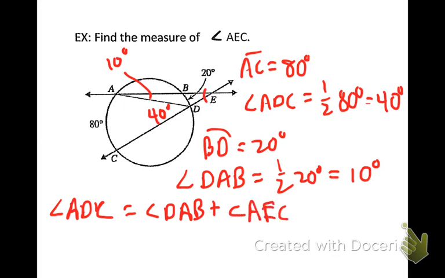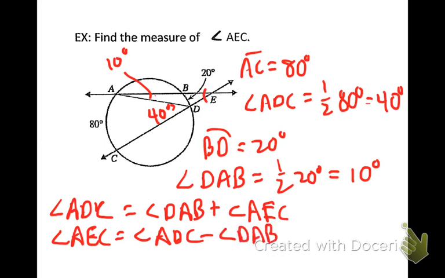Right? That's the exterior angle theorem. This angle is equal to the sum of this angle and that angle. And the AEC is the unknown, so we'll solve for AEC. Angle AEC is equal to angle ADC minus angle DAB. So that's equal to 40 minus 10, which is equal to 30 degrees.